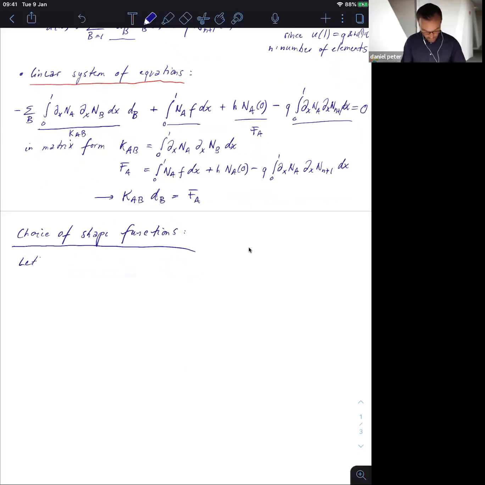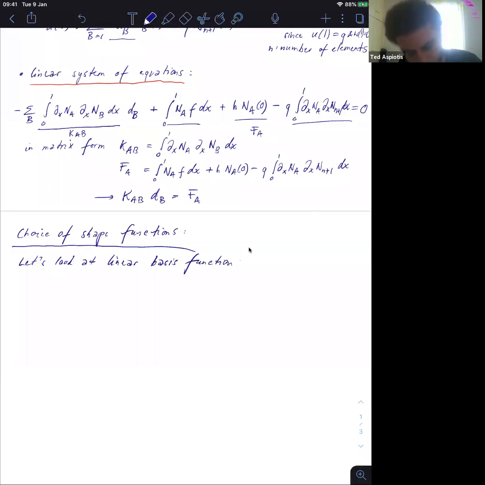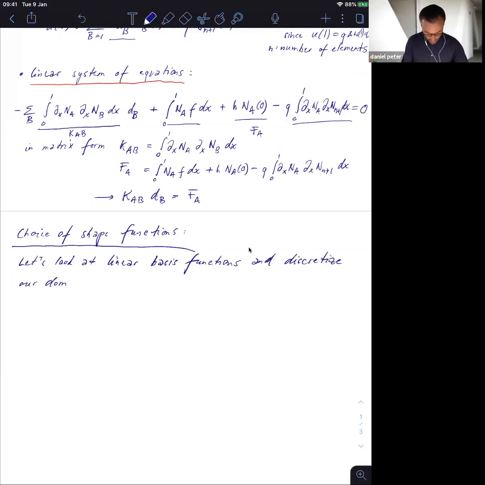So let's look at linear basis functions, and discretize our domain, which goes from 0 to 1, but could also be L if you want, and L being 1 in our case.